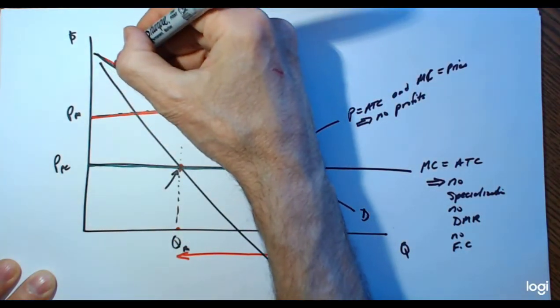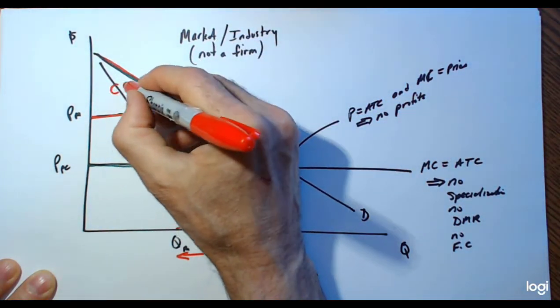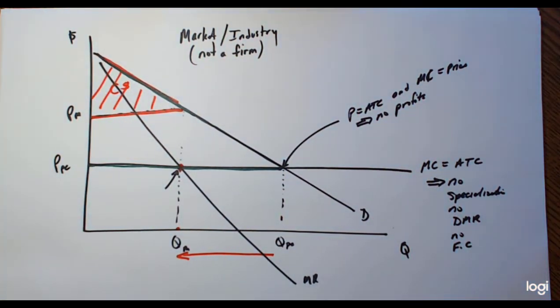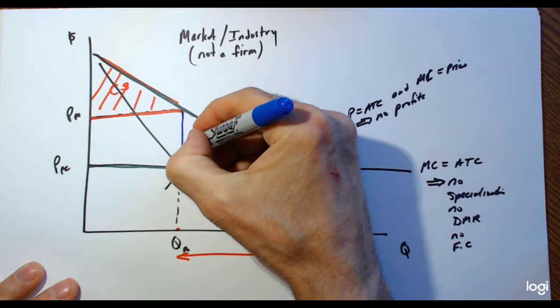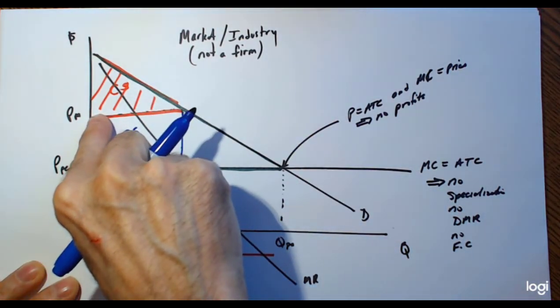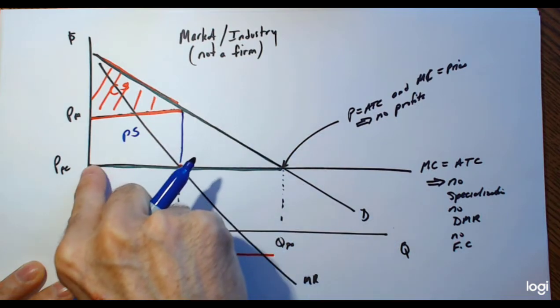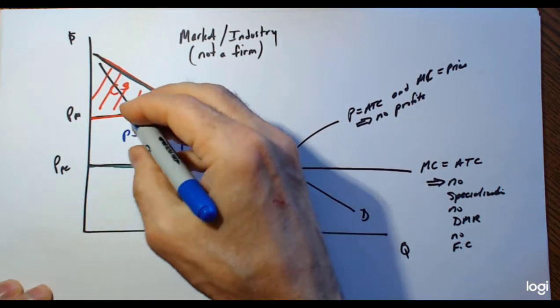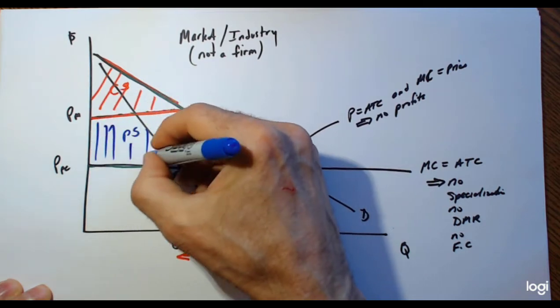Here's the price that people are willing to pay. This will be consumer surplus right here. The blue here will be producer surplus because the monopoly is getting this price and has a marginal cost and is willing to supply at these prices.